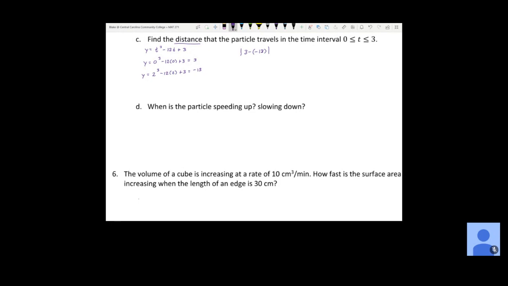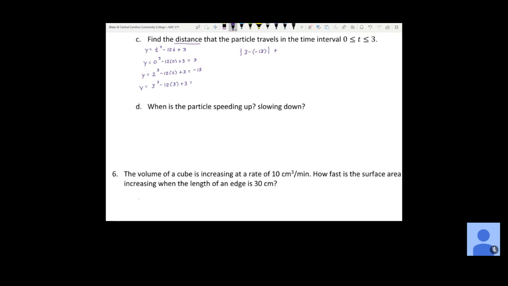Now, that's just the distance from 0 to 2 seconds, though. I also need to factor in the distance from 2 to 3 seconds, since that's where I'm trying to end up. So we also need to know our position at 3 seconds. I'm going to substitute 3 into my position function here.